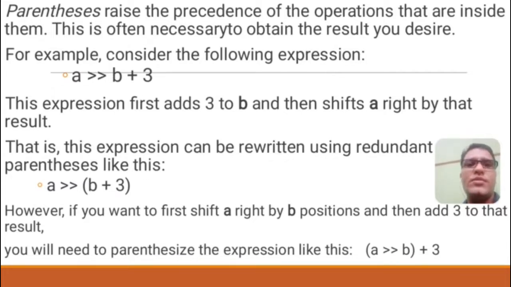In this we do not know whether b plus 3 has to be executed or right shift should be executed first. But as we know the precedence of an operator, b plus 3 will be executed, later onwards right shift will be possible. To avoid these confusions, if you place this expression in a parenthesis, then b plus 3 will be executed first, later right shift will be executed.